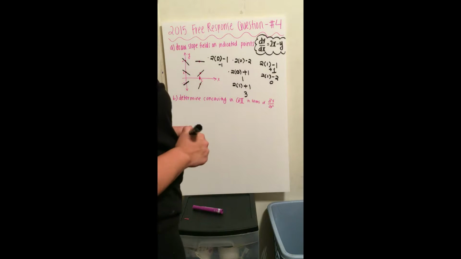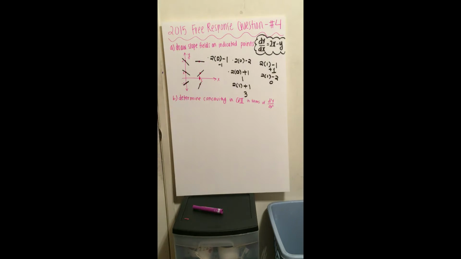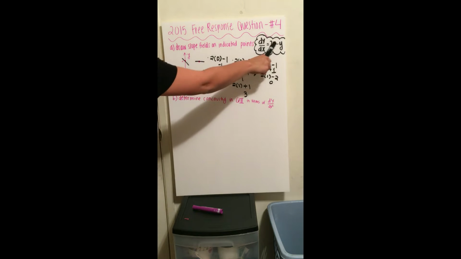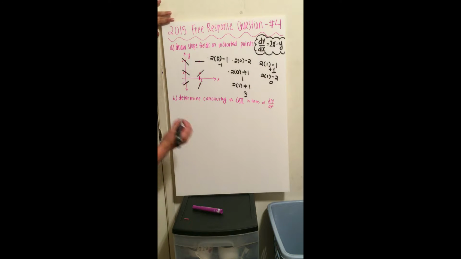So as you know by this point, the second derivative determines concavity. Part B is asking us to find the concavity in quadrant 2. Because this is quadrant 2, we have to find the first derivative and then the second derivative. It already tells us the first derivative is 2x minus y.